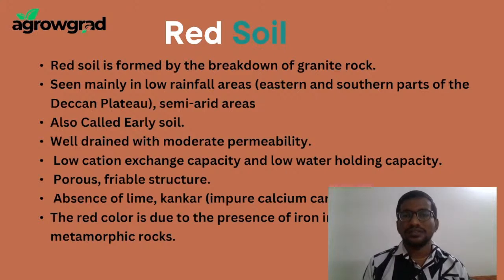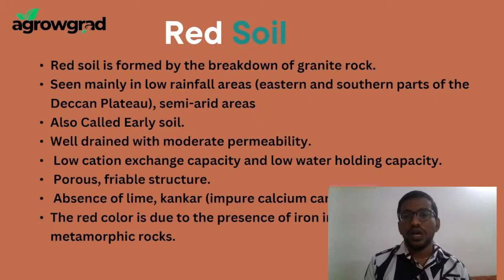Red soil's name itself indicates the soil is red in color, because it's formed by the breakdown of granite rock. It's mainly seen in low rainfall areas, mainly in the eastern and southern parts of the Deccan Plateau and semi-arid areas. It's also called early soil because it's well drained with moderate permeability, but it has the problem of low water holding capacity.